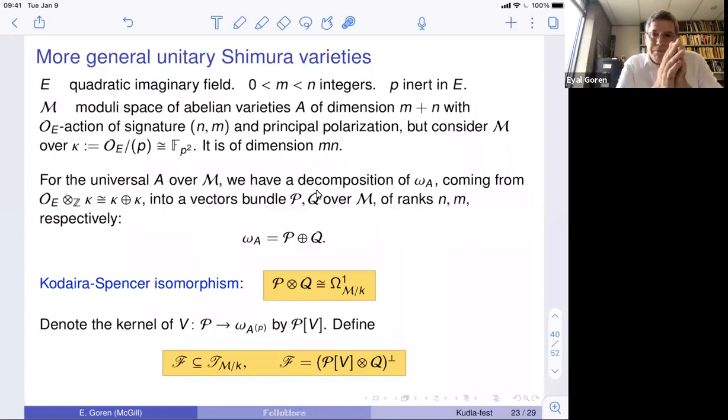It's a much more complicated structure. It's not a formal torus anymore, like in the case of Siegel modular varieties. In the simplest case, it's a bi-extension of two p-divisible groups by a torus. That's what happens in the case of U(2,1).